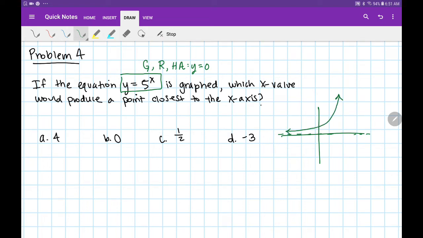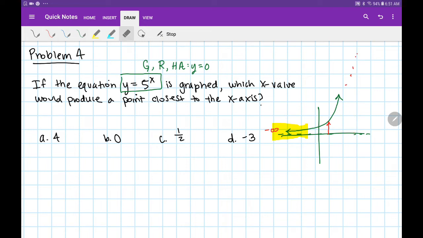So what do we notice? Where is this graph closest to the x-axis? Clearly the further left that we go, right? The further that we approach negative infinity, the closer to the x-axis. Whereas the further right that we go, the further away we are. It's a very large distance between our graph and the x-axis.